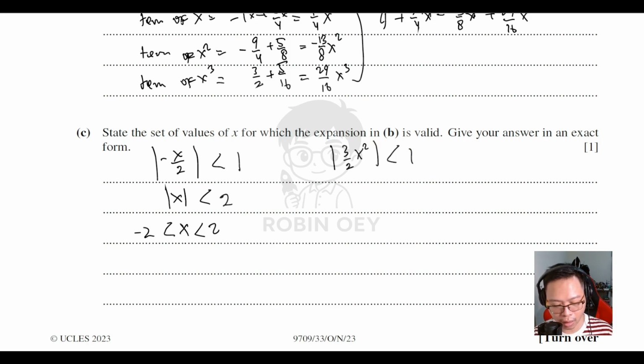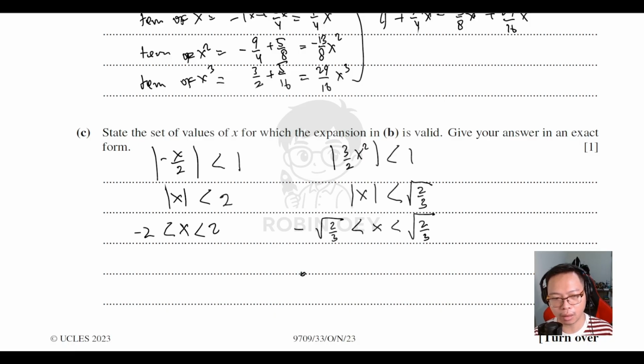So here the modulus of x must be less than square root of 2 over 3. Yeah, so x must be in between negative square root of 2 over 3 and square root of 2 over 3.